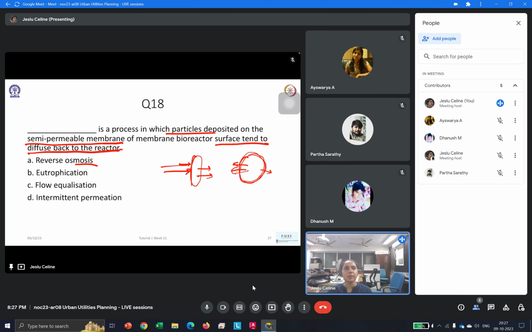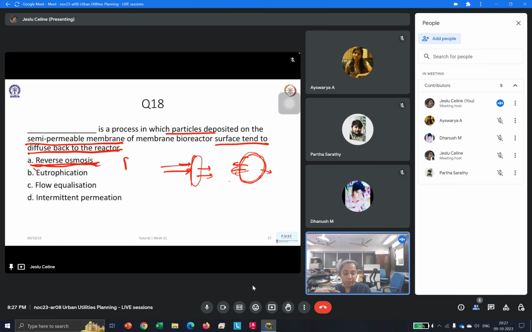So that is osmosis, what we have learned in school, where water passes through a semi-permeable membrane. Now, reverse osmosis is the reverse of that. In osmosis, if there's some salt concentration and a semi-permeable membrane, water moves from a higher dissolved concentration to a lower dissolved concentration. That's the whole process.